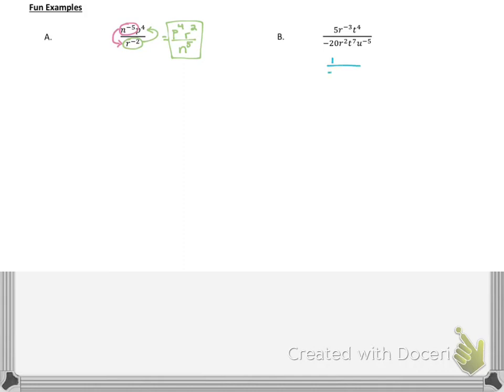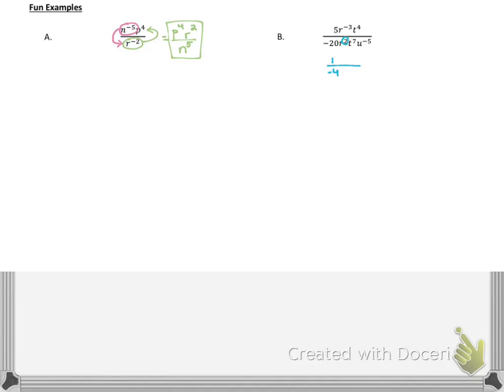I'm going to make a long fraction. R to the negative 3 minus 2. The bigger number is the 2. So if I do 2 minus negative 3, that is r to the 5th power.